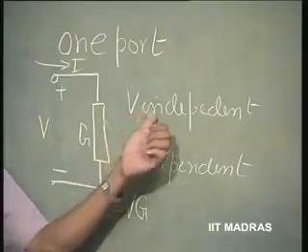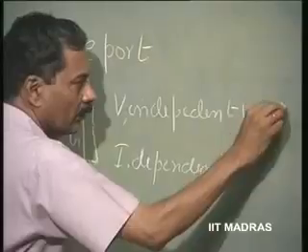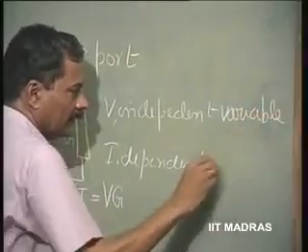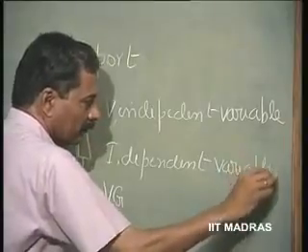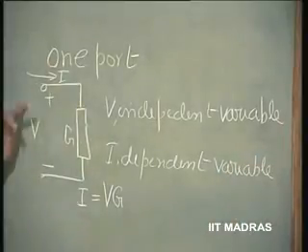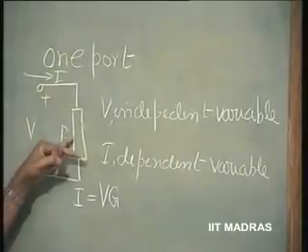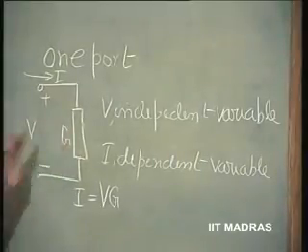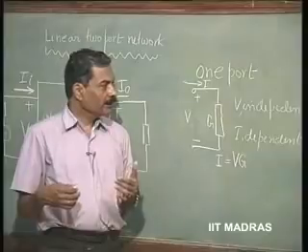So, this is called the independent variable. This is called the dependent variable. That means, if I connect a voltage source, the current is always going to be dependent upon the G parameter. That is left to me actually. Why should I take V as the independent variable?